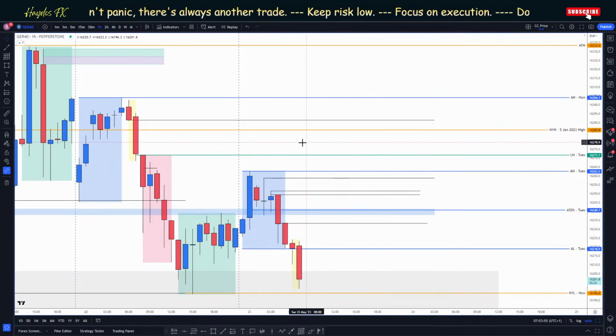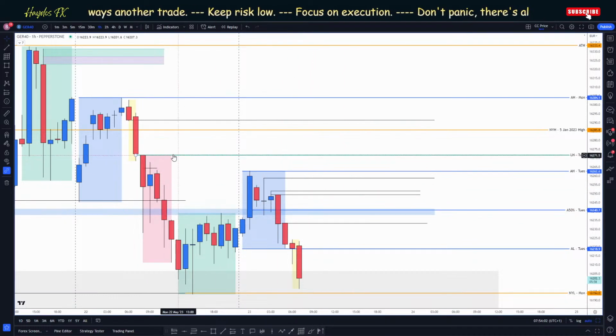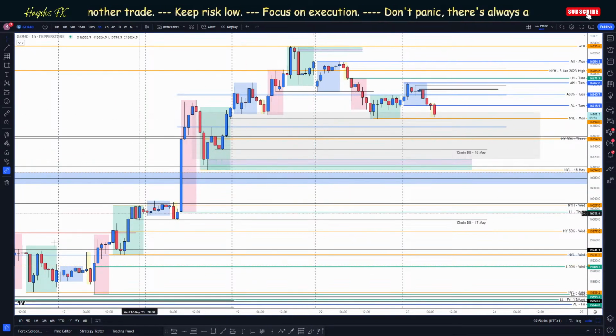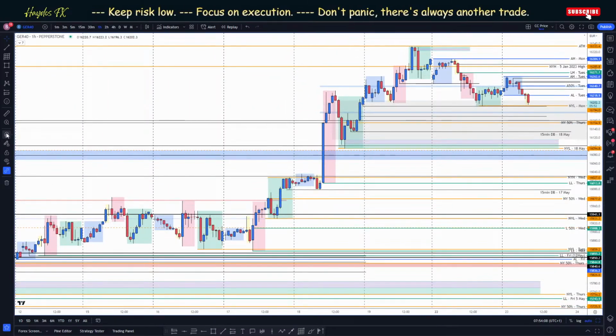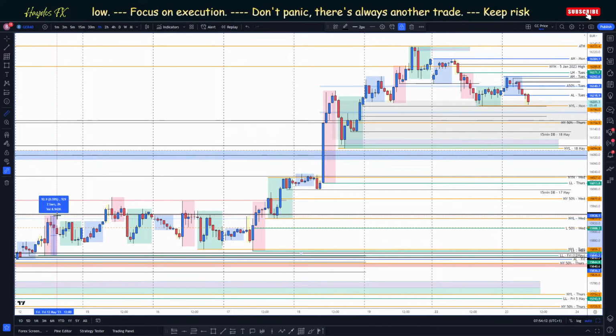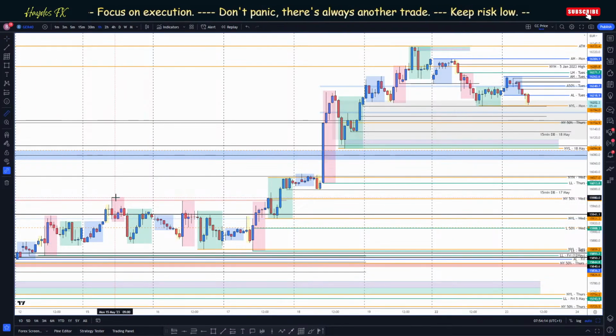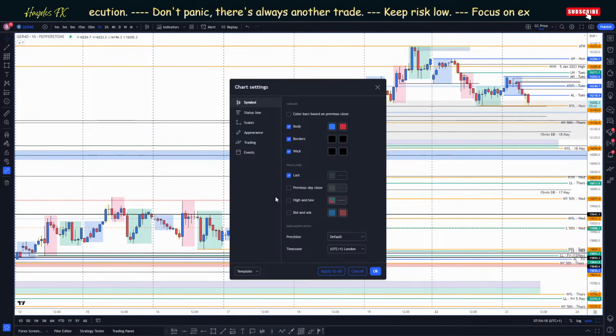All right, I've got the 50% of Asian marked up already here around the 16,240 handle. Look at the range that we typically like. Look at the average volatility. So this day today might be a little bit different, but London session 92 pips, 57 pips. Let me just type these in.